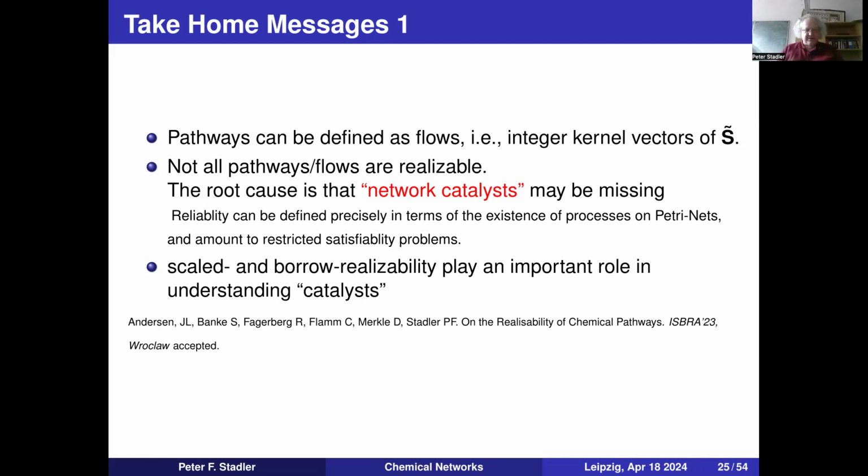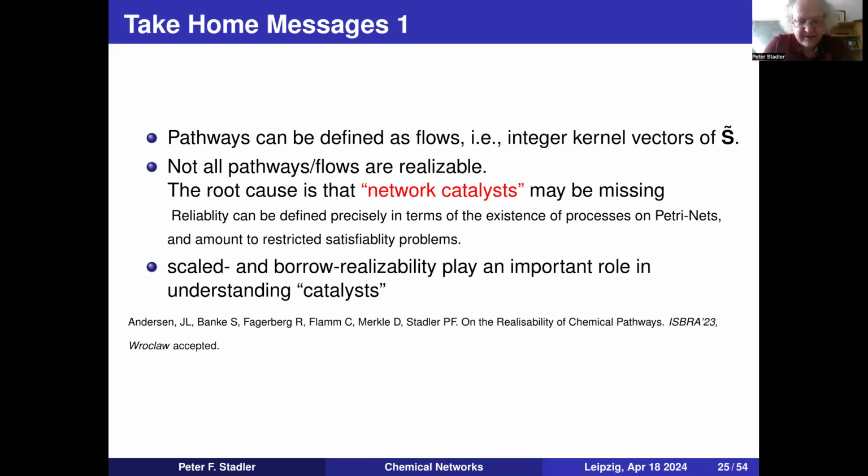There are weaker notions of realizability by scaling up the flows or by borrowing additional molecules, and this is apparently an important part of understanding what it means to have a distributed type of catalysis. So this notion of network catalysis seems to be related to these realizability questions.